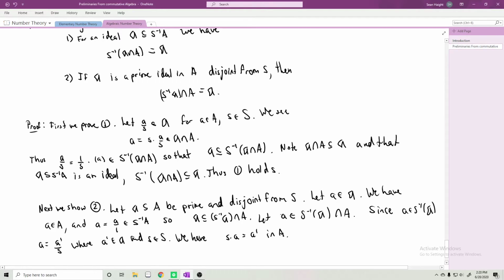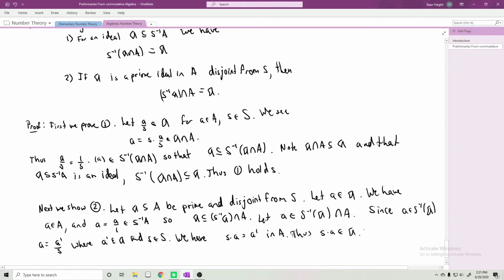Now, here's a small remark. If A isn't an integral domain, you can do a lot of this stuff, but here is one instance where you need to be a little bit more careful. Since I have this equality of fractions, I have this equality of elements in A, and thus we see a prime is an element of the ideal 𝔭. So s times a is in here.